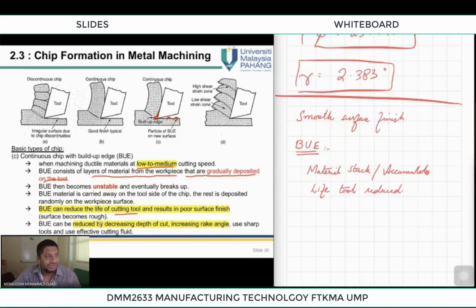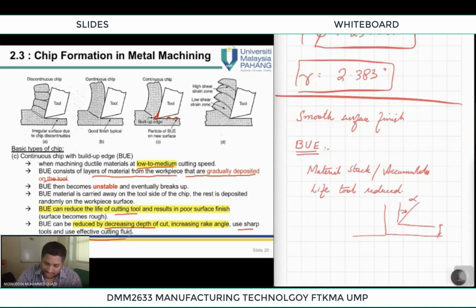BUE can be reduced by decreasing the depth of cut. So my depth of cut should be reduced. I should reduce the depth of cut. Increase the rake angle, which means this angle alpha I need to increase, and use sharp tools and use effective cutting fluid.